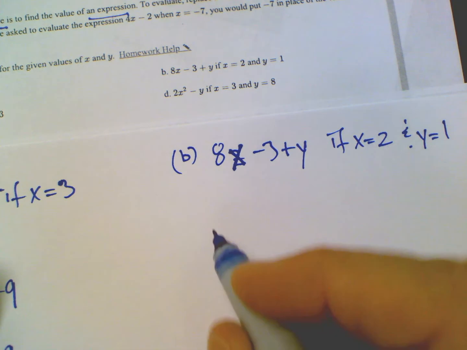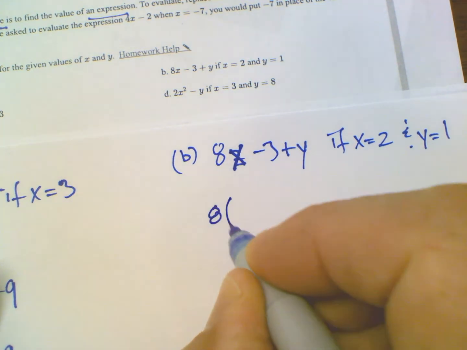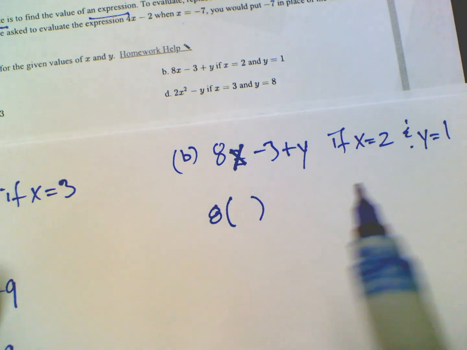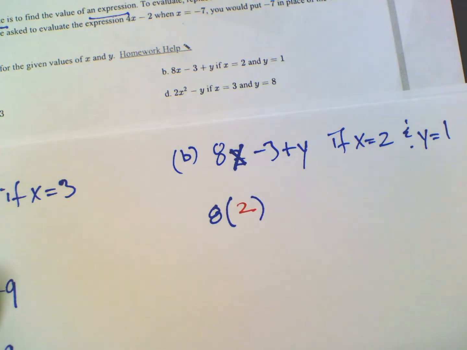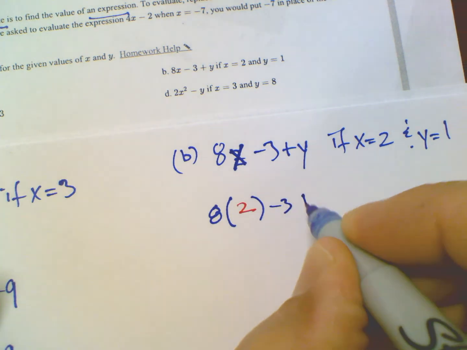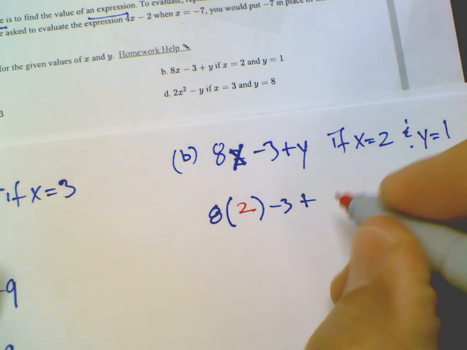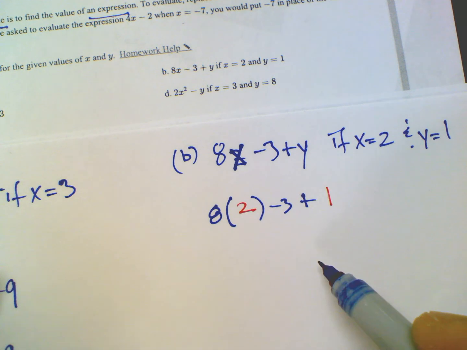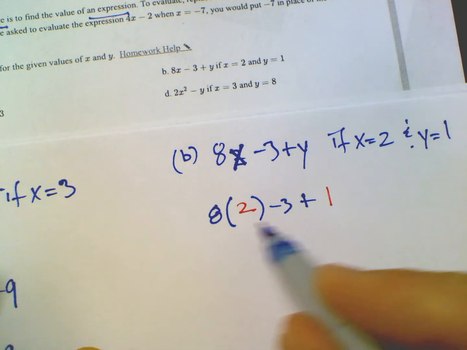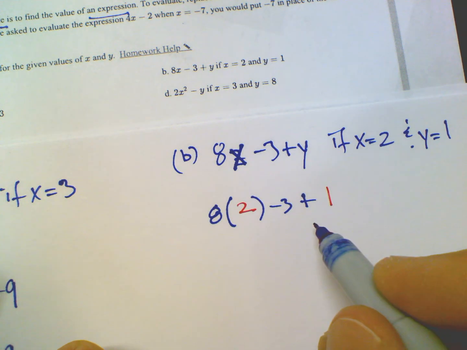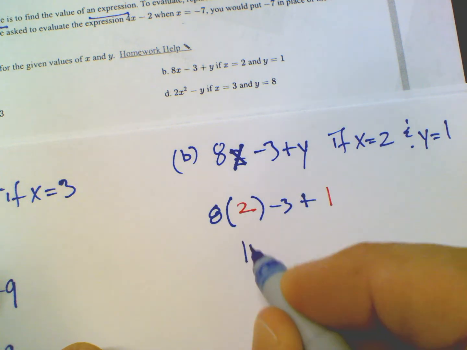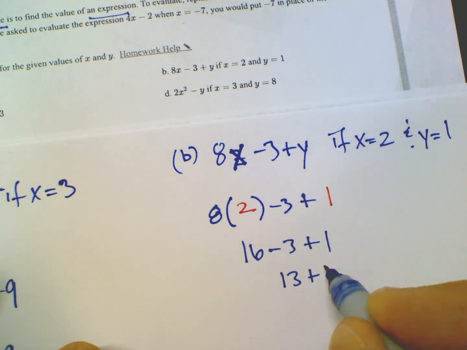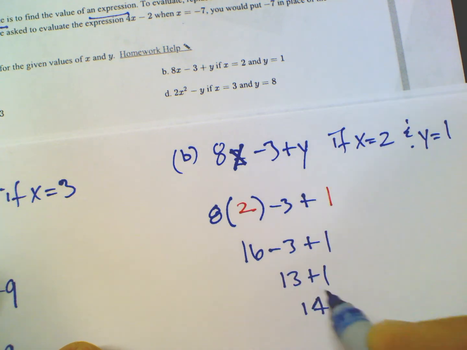So it's going to be 8 times what? Instead of x, I'm multiplying by 2, then minus 3 plus, instead of y, I'm putting in a 1. So I'm substituting those values into those variables, right? And I can do the math here using order of operations. 16 minus 3 plus 1, 13 plus 1, 14 is the answer.